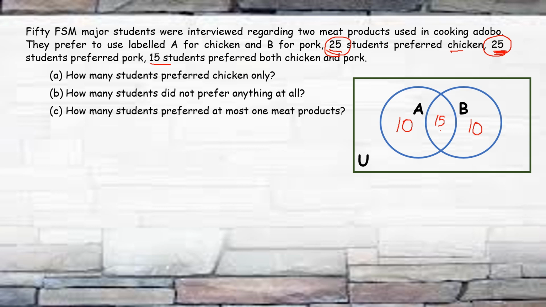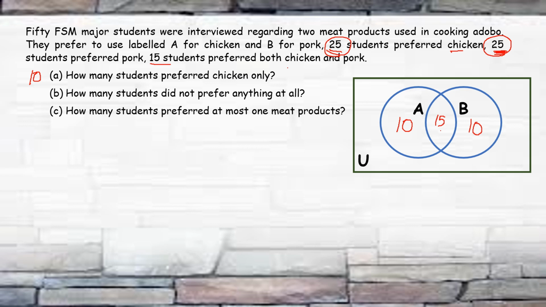Okay? So, ganun yun. Now, let's try to solve these 3 questions. How many students preferred chicken only? So, ito na yung chicken only. Di 10 lang, di ba? Ito natin ilagay ang ating sagot. 10.